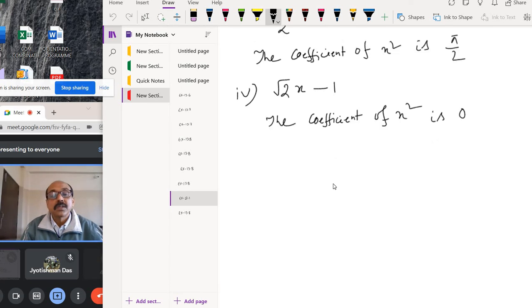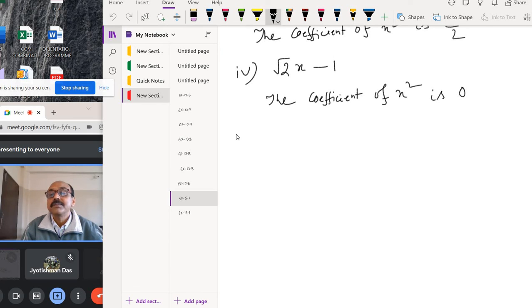Next, question number 3. Give one example each of a binomial of degree 35 and of a monomial of degree 100. So we know binomial of degree 35.